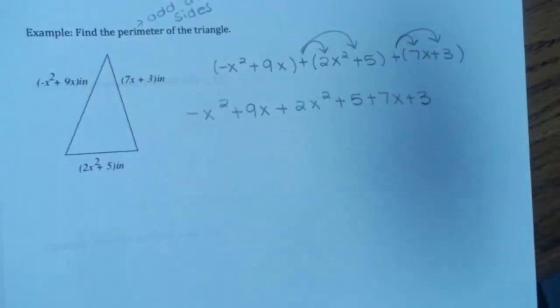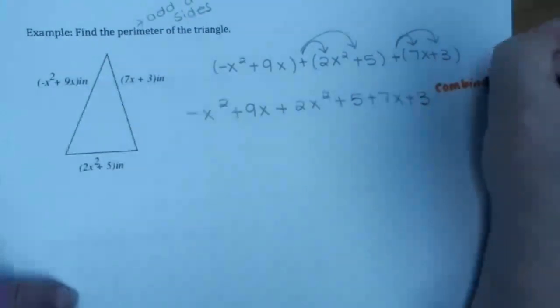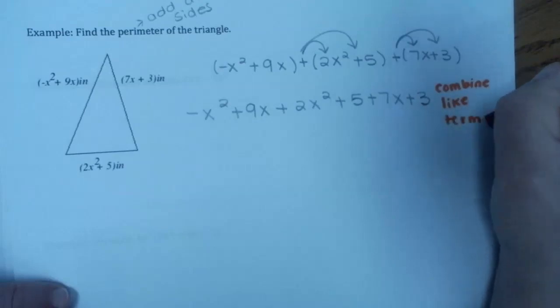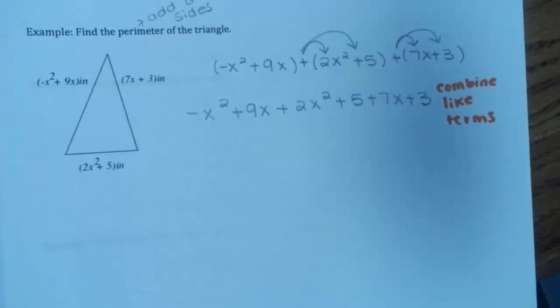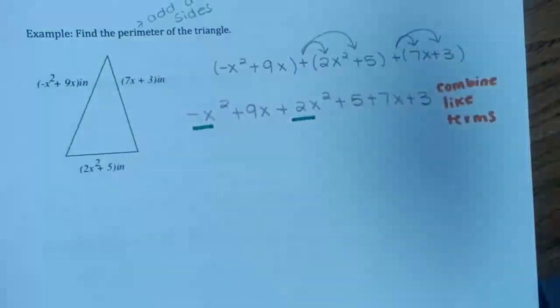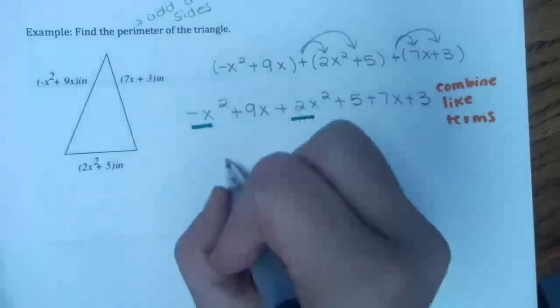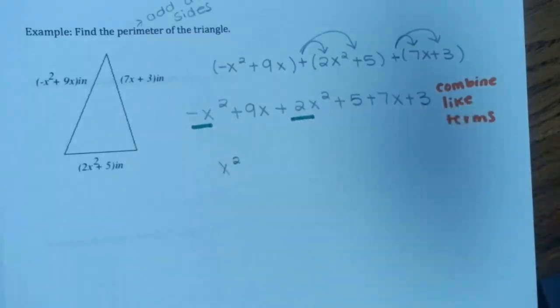So now we can combine some like terms. So we have negative x squared plus 2x squared. So negative 1x squared plus 2x squared would give us positive 1x squared. Negative 1 plus 2 is positive 1.